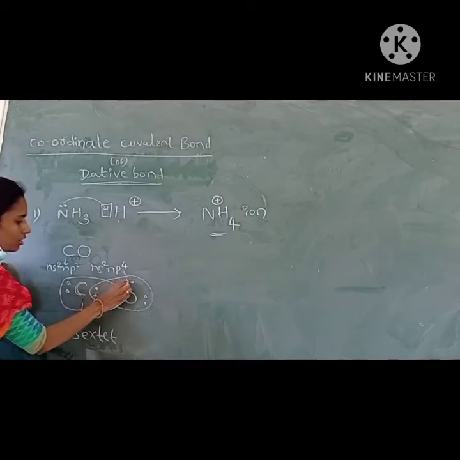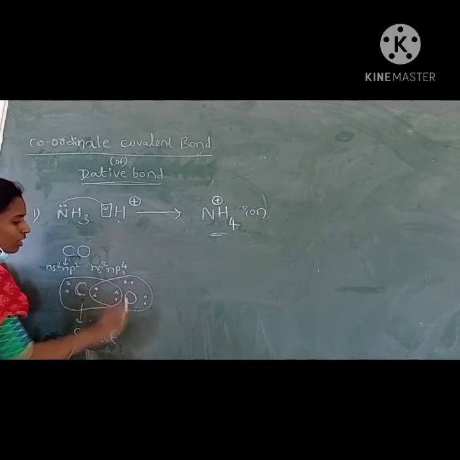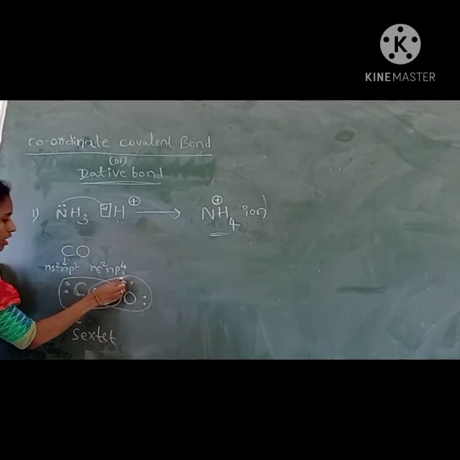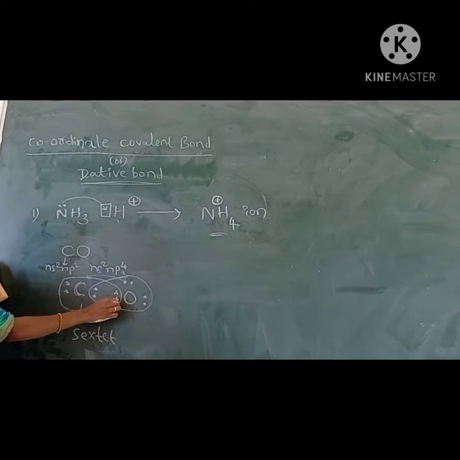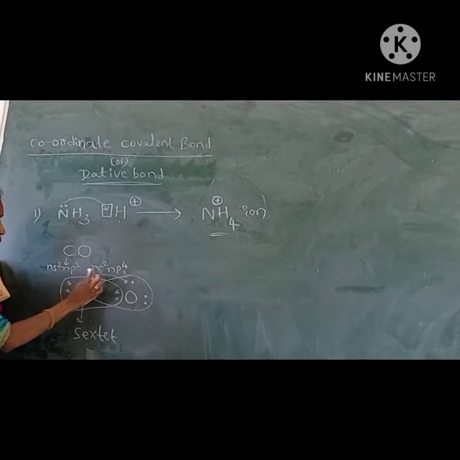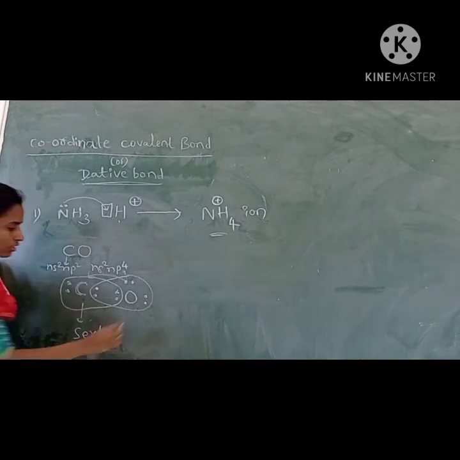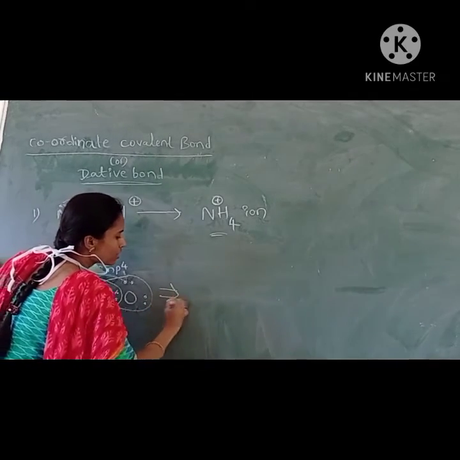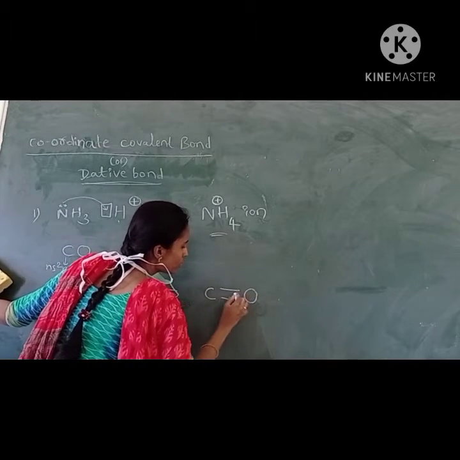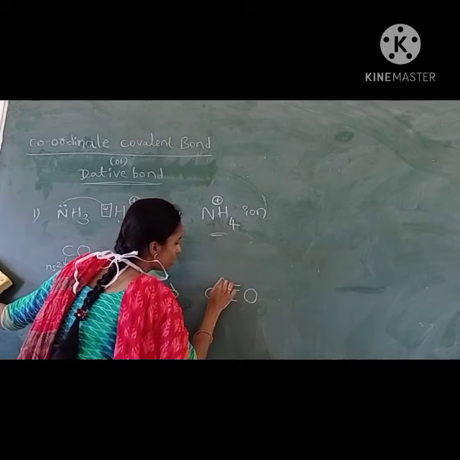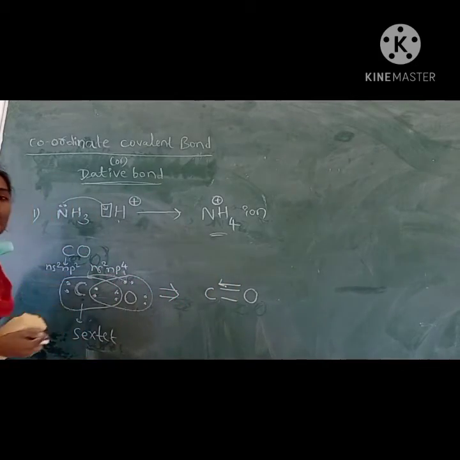So this electron pair is donated to the carbon. These are the normal covalent bonds and this is the coordinate covalent bond. We represent carbon with normal covalent bonds according to Lewis theory, and one coordinate covalent bond.